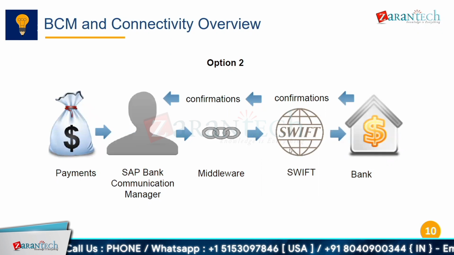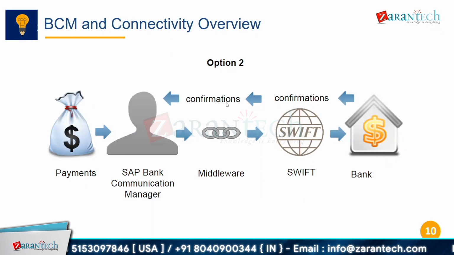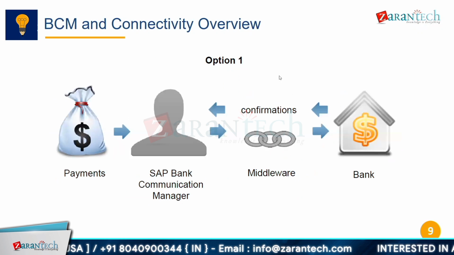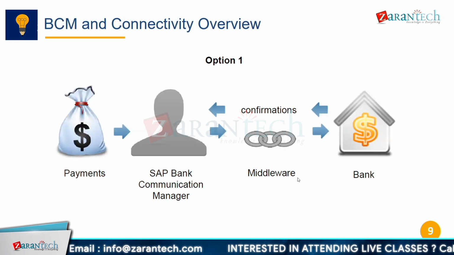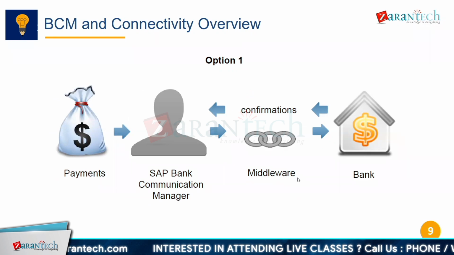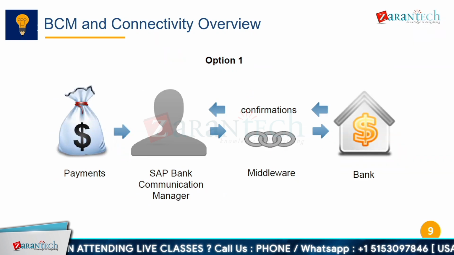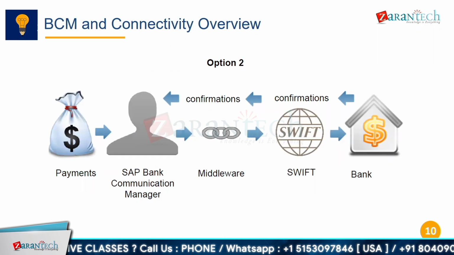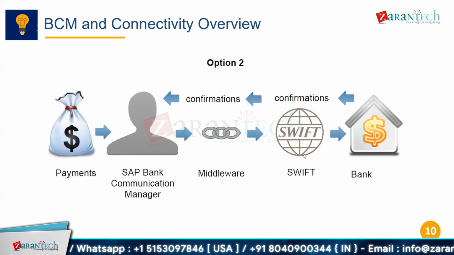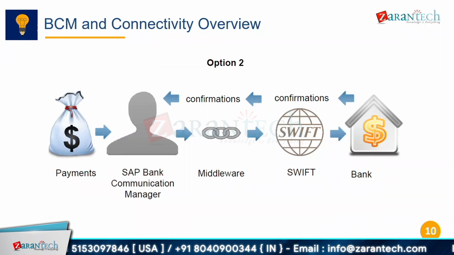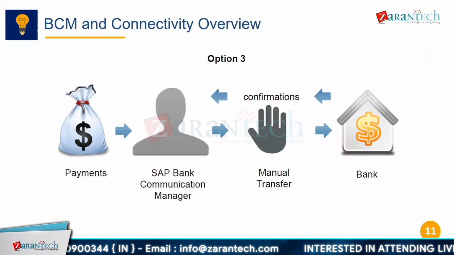Now, when we talk about how I'm going to communicate to the bank, here you can see we have a middleware. It means you can communicate to the bank through PIPO. This is one option. The second option could be to use the SwiftNet network.